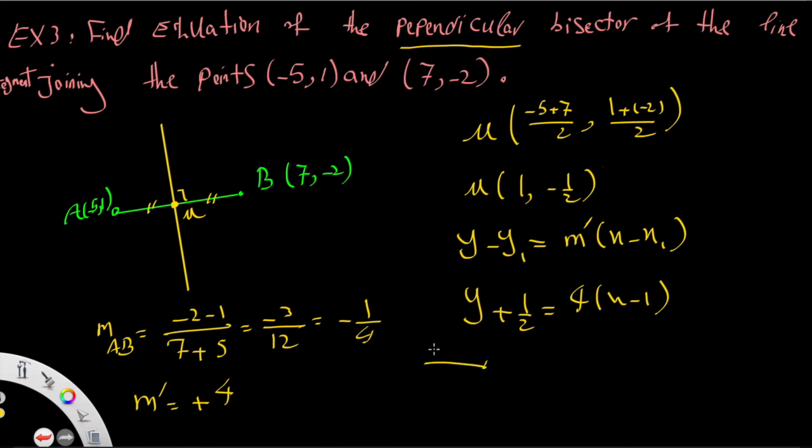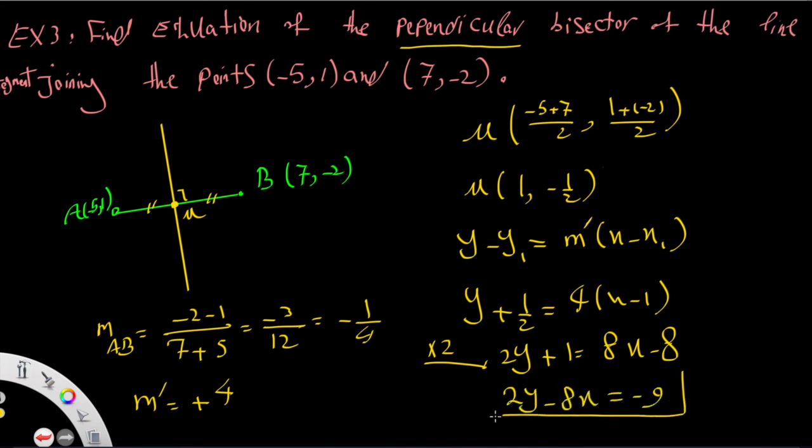Now to get rid of 1 over 2, I multiply everything by 2. It will be 2y plus 1 is equal to 8x minus 8. Now 2y minus 8x will be negative 9. It is equation of perpendicular bisector of the line segment joining A and B.